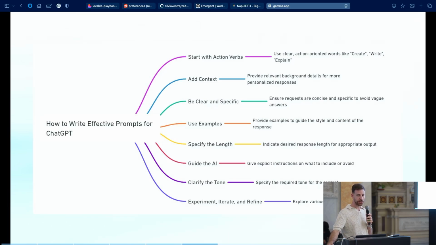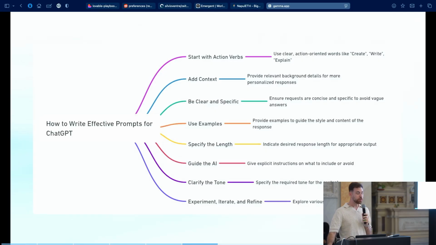Use clear, action-oriented words like create, write, or explain, define, or something like that. You have to add context, so relevant background, relevant information to the large language model in order to personalize the response. You have to be clear and specific, so you have to ensure what the request is, so avoid vague answers.